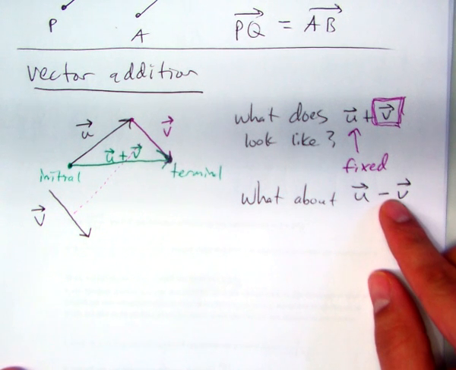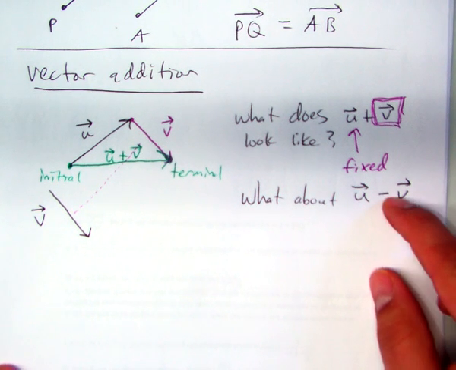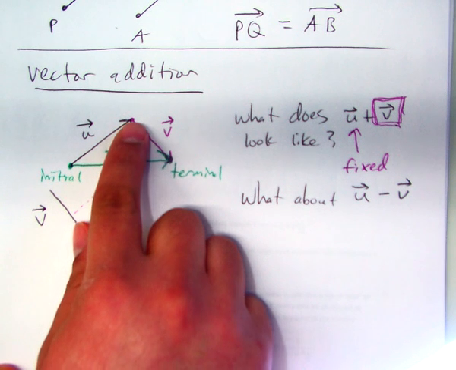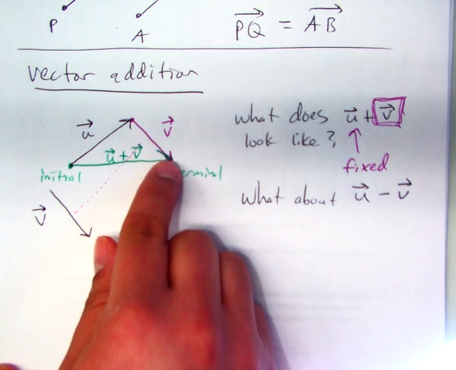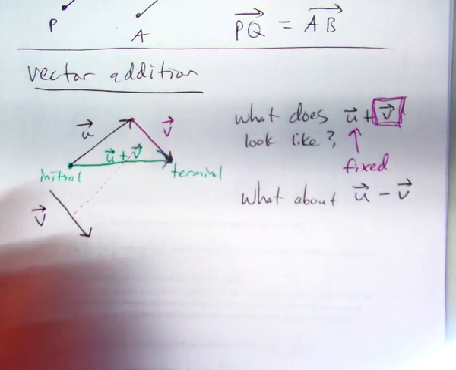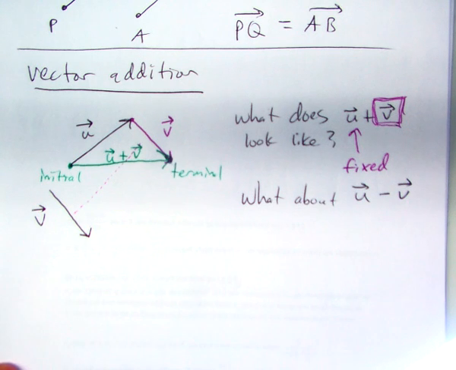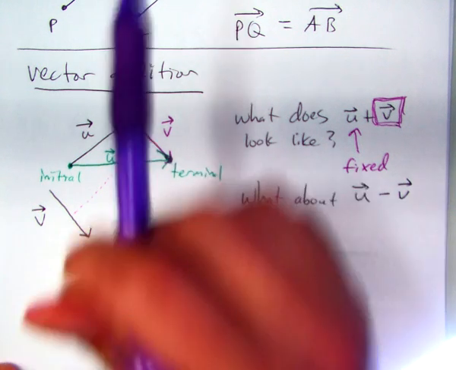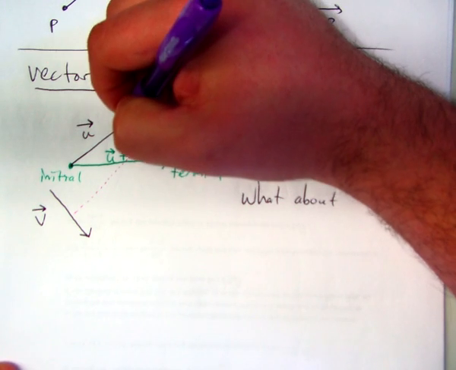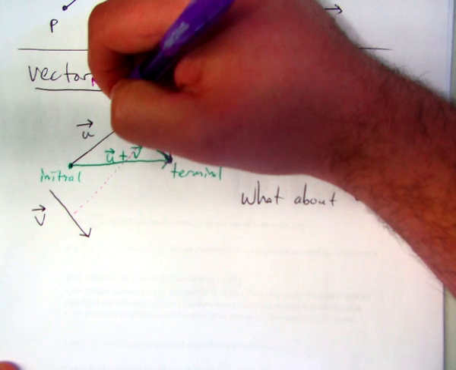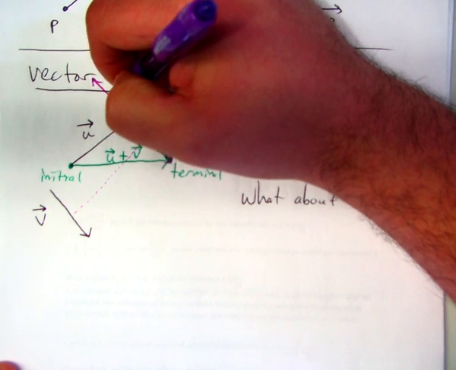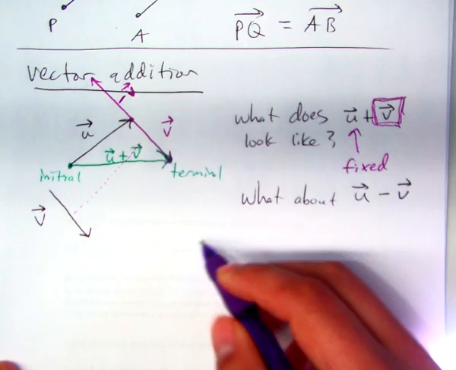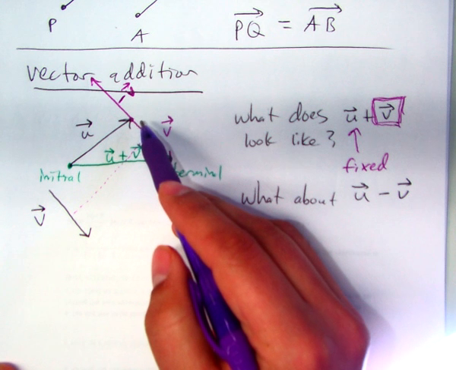Yeah, it just makes it opposite. So if V, when we connect V to U, is the normal direction, then minus V is going to be the exact opposite. Does everybody buy that? Okay.